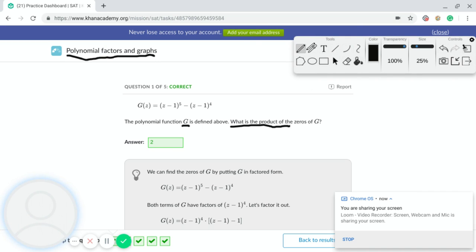So the first one is pretty obvious. 1 minus 1 is 0. 0 brought to the 5th power is still a super 0.